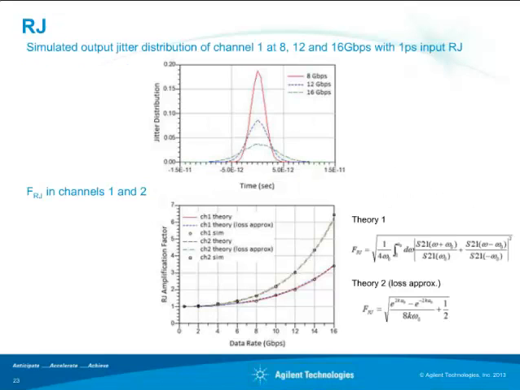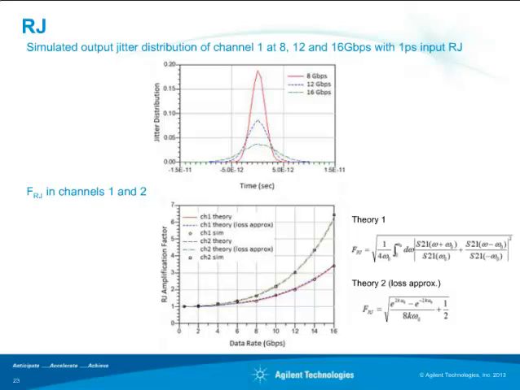For RJ, on the top we show the output RJ distribution in channel 1 at different data rates. The input RJ RMS is 1 picosecond. You can see as the data rate increases, the RJ RMS also grows.